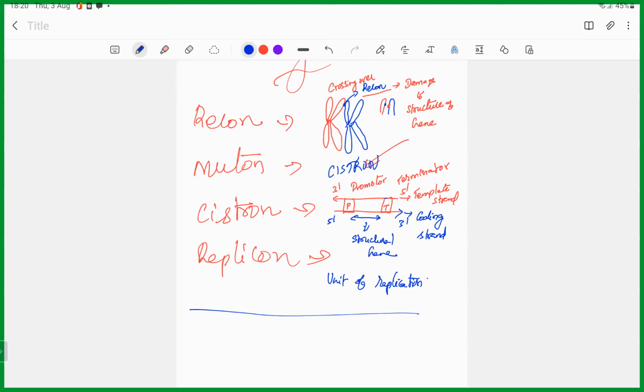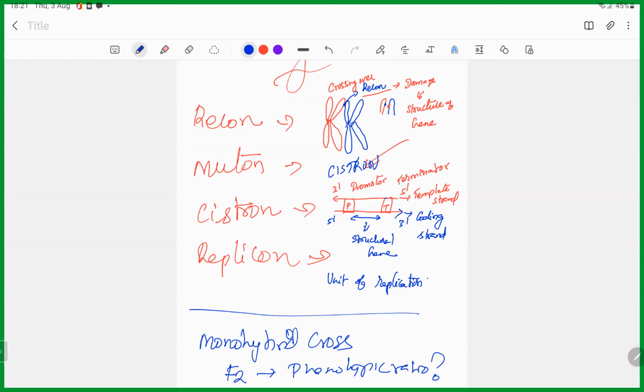Okay. Some questions for Vijay Lakshmi. Monohybrid cross. In the F2 generation, what is the phenotypic ratio?